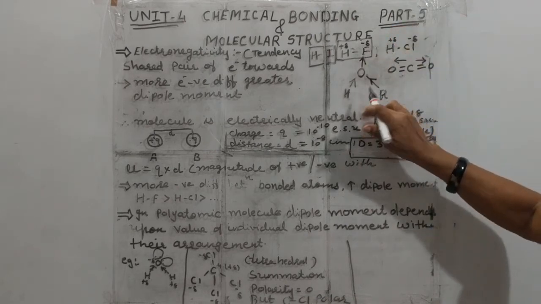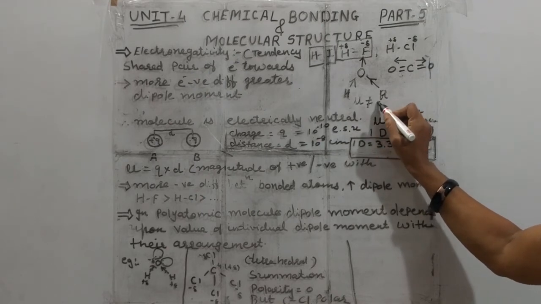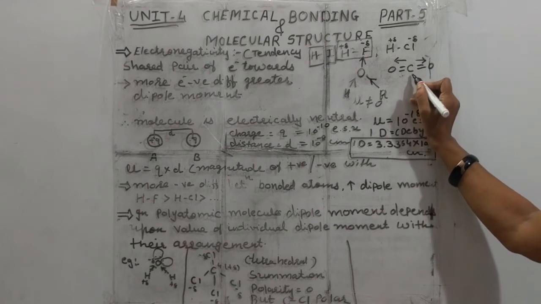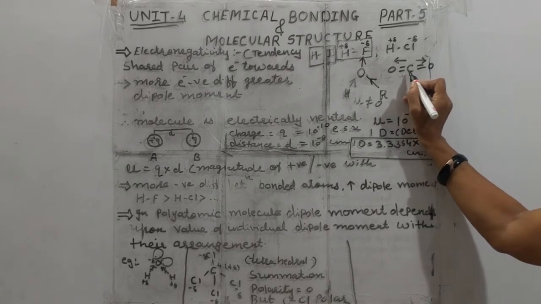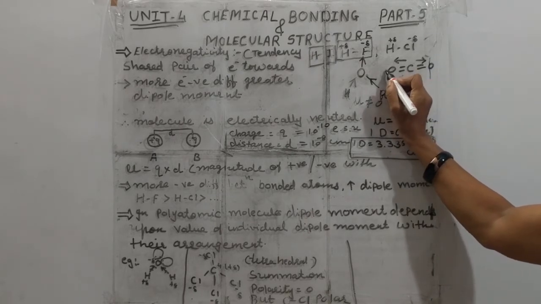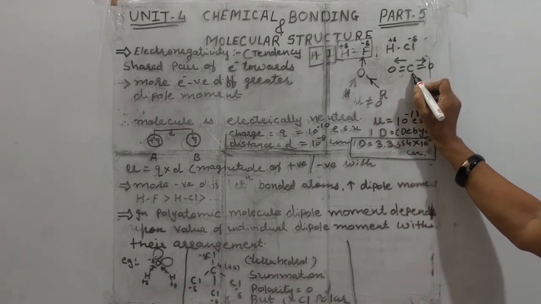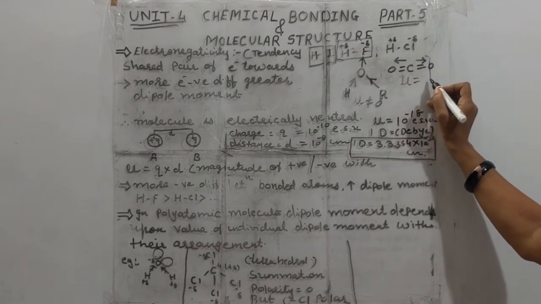So here the dipole moment mu is not equal to 0, but CO2 is also having the charges, and here it is having the lone pair of electrons. So this charge will go from carbon to this oxygen, and this from carbon to this oxygen. So here the magnitude of the product of dipole moment is 0.